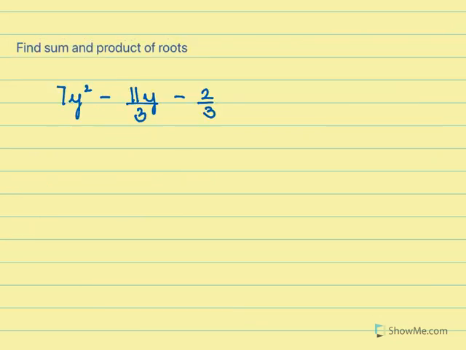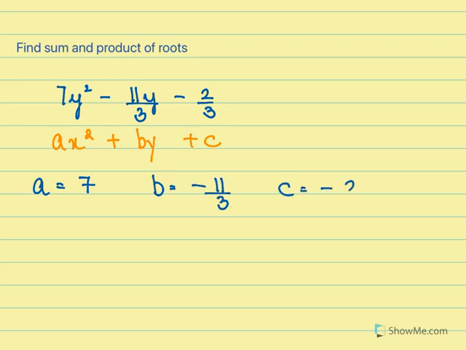Here again we need to find the sum and product. So we compare with our standard quadratic, that is ax squared plus bx plus c, and when we compare we find that a equal to 7, b is minus 11 by 3, and c is minus 2 by 3.